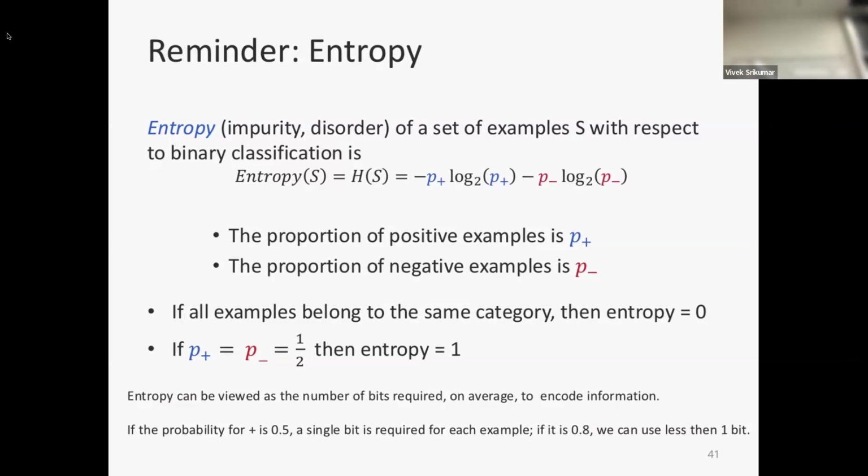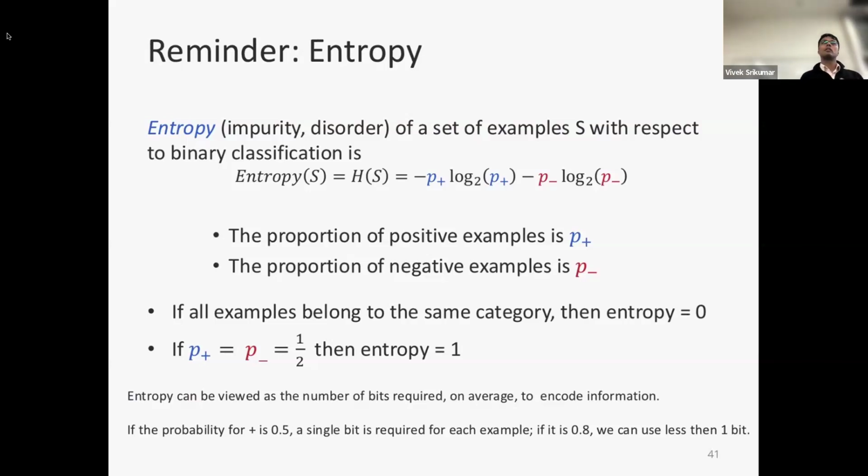I was thinking of that when I said somewhere between 0 and 1. It's on average: if you have a long transmission where you keep sending many instances, you can encode the information so that multiple examples can be packed together. So on average, over the long term, you only need less than 1 bit. It's an expectation.